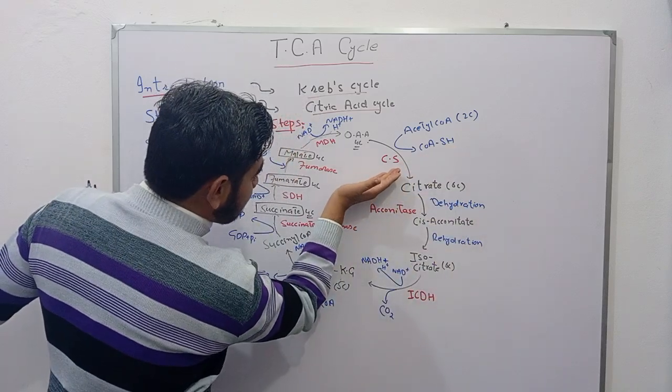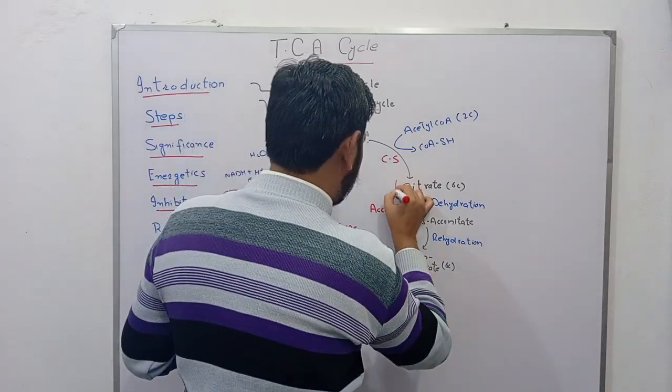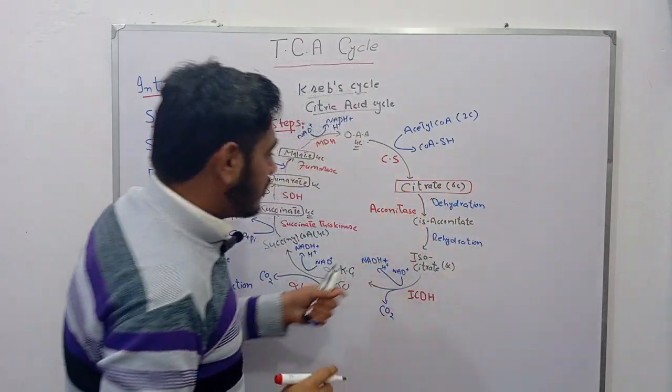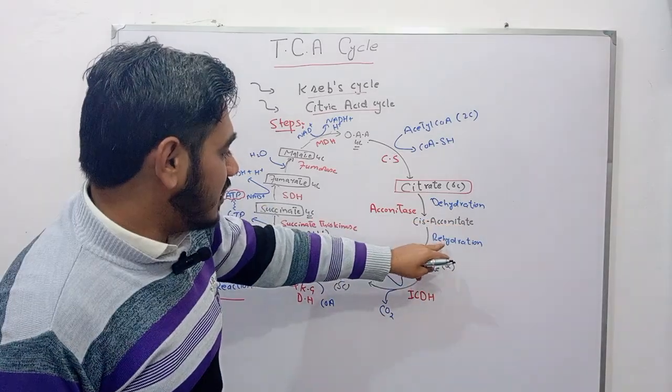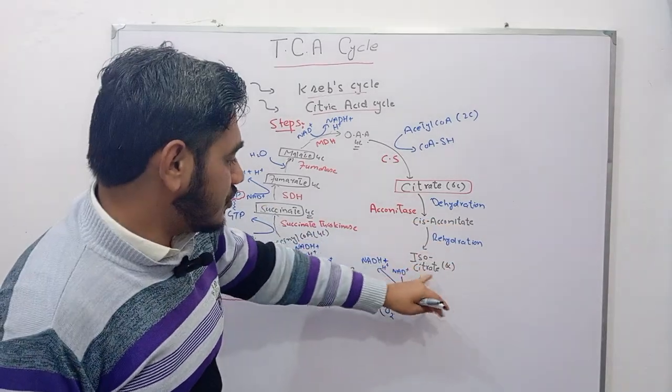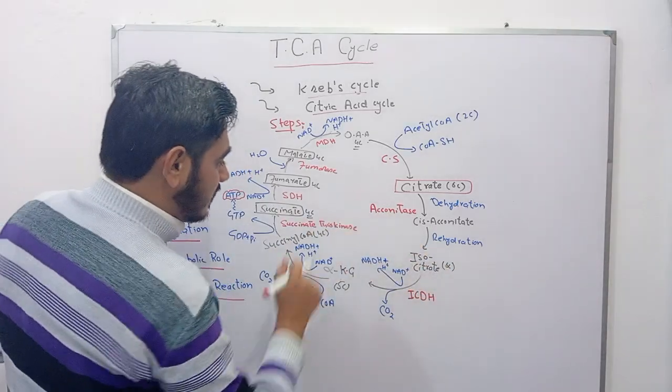With the help of citrate synthase, it converts into citrate, which is a 6 carbon atom containing compound. And citrate, by dehydration reaction, converts into cis aconitate, and by rehydration reaction converts into isocitrate, a 6 carbon atom containing compound, with the help of aconitase enzyme.